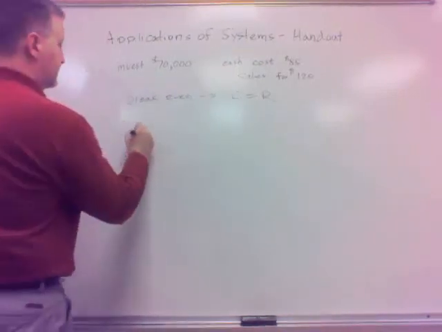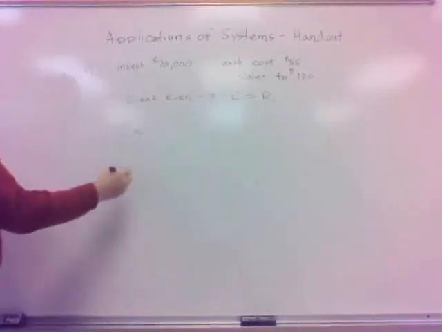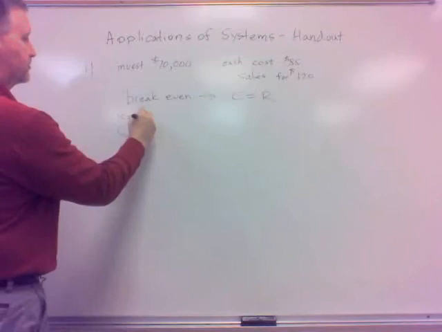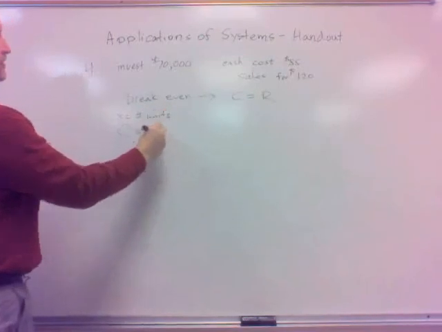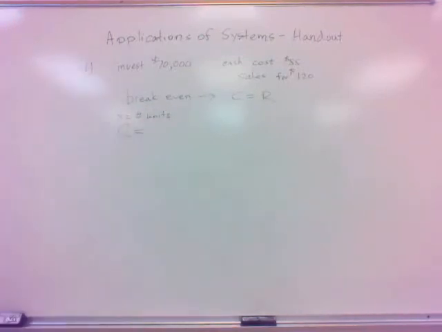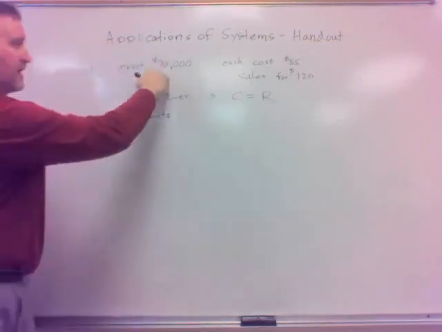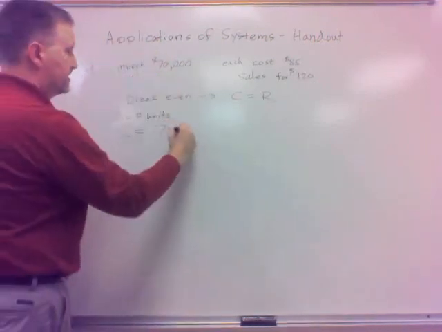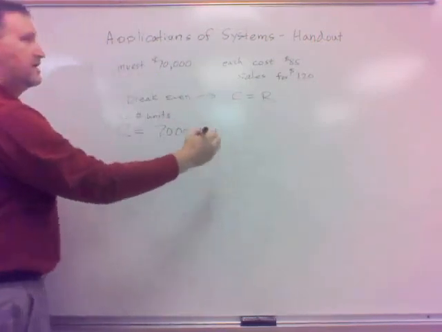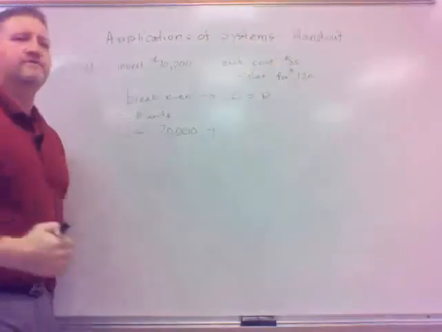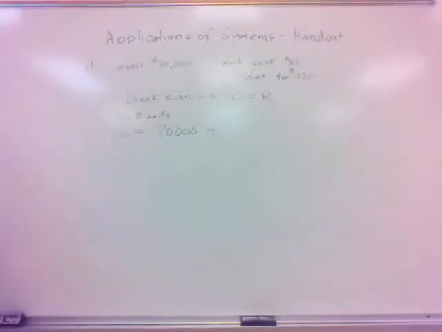What would the cost be to produce X units, if X is the number of units? Well, we have 70,000 up front, so it'd be 70,000 plus each unit is 85. So if I want the cost, then I'd have to take 85x, wouldn't I?